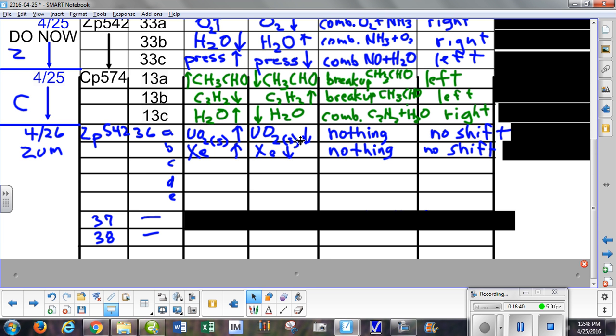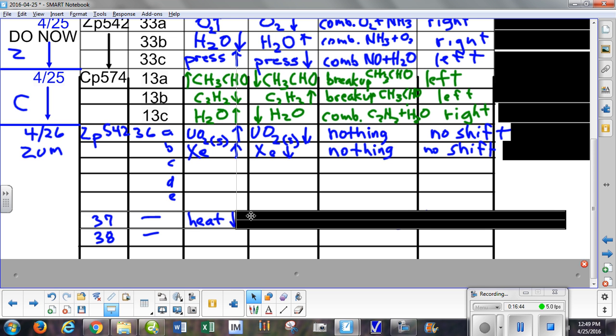Lower the temperature. That means heat is going down. That's the stress. Because it's endothermic, the heat is on the left, which makes heat one of the reactants. So just to let you know what's coming.